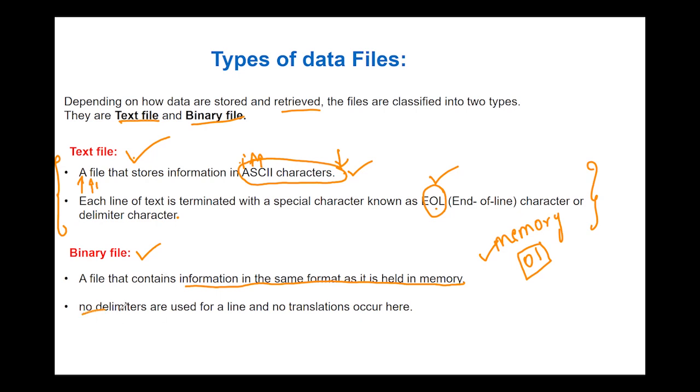Also, no delimiters are used for a line and no translation occurs here, which means I am not going to use any end of line character. So what are the two differences we see here? First, a text file uses ASCII characters, whereas a binary file uses zeros and ones. Second, a text file uses an end of line character, whereas a binary file does not.